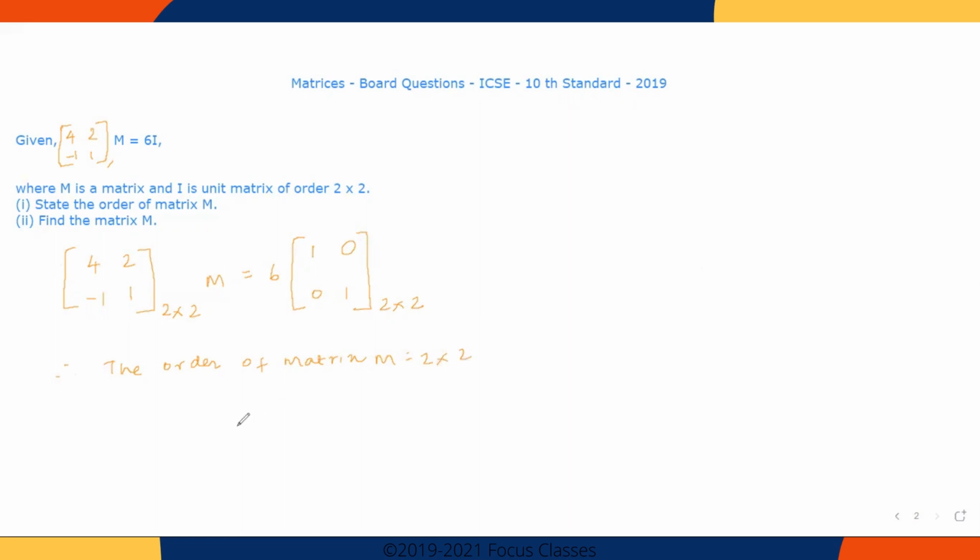Now we have to find the matrix M. So the next step, [4, 2; -1, 1]. So now we'll consider the matrix M, that is 2 cross 2, with the variables x, y, z and w, which is equal to, now we'll multiply 6 with the unit matrix.